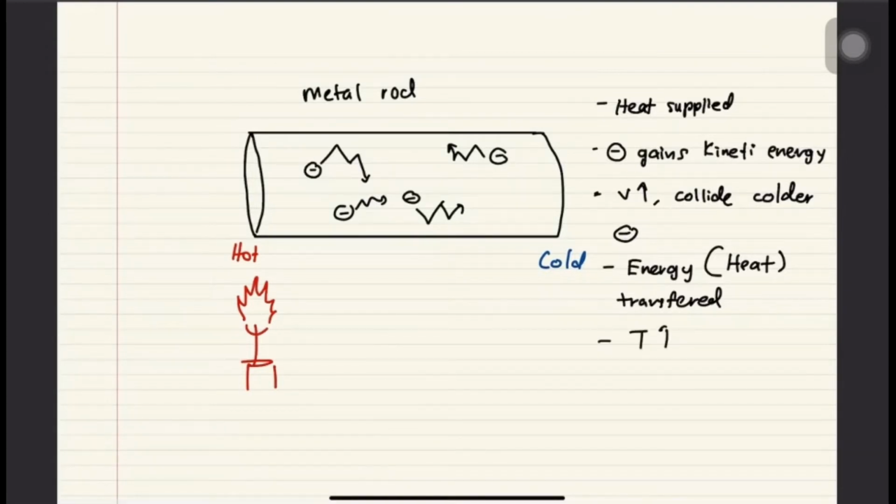So that's the idea. Okay, that's why we have heat flow from here to here. Okay, understand or not?